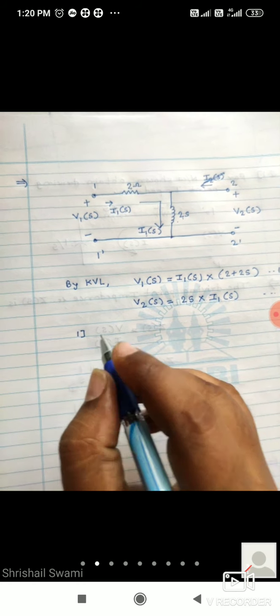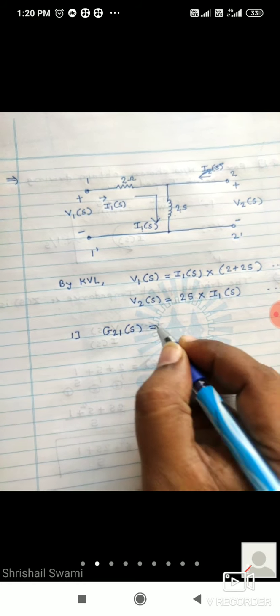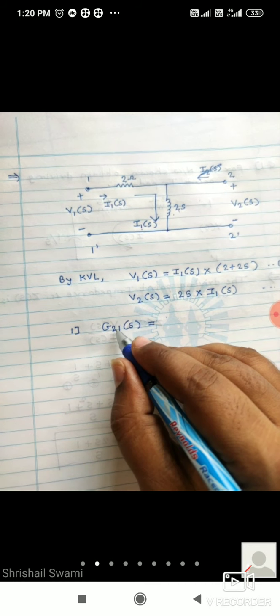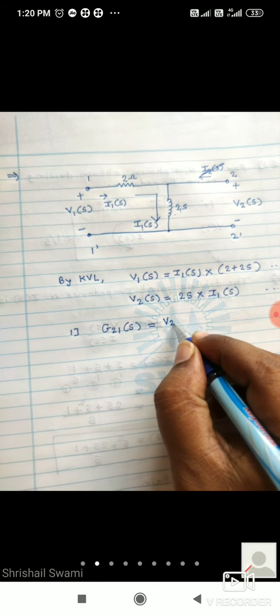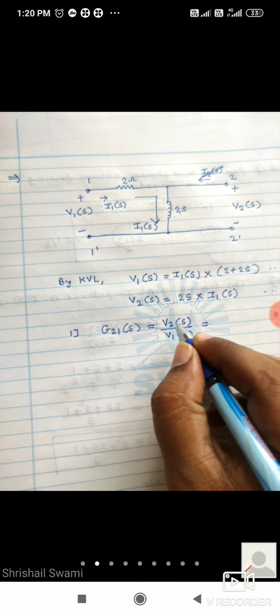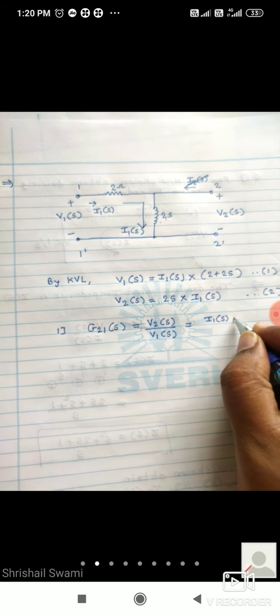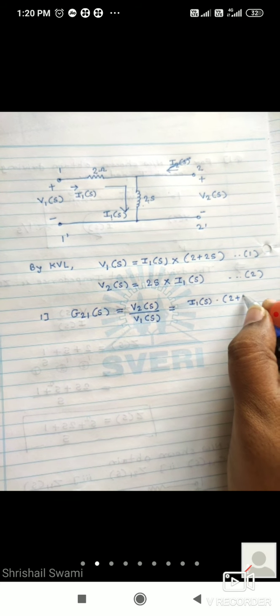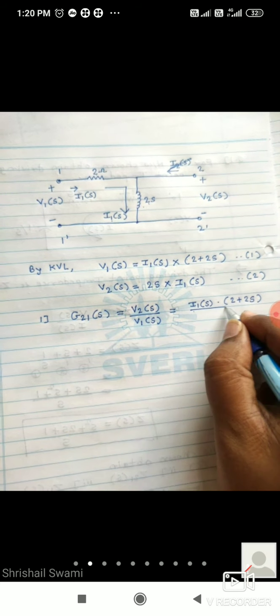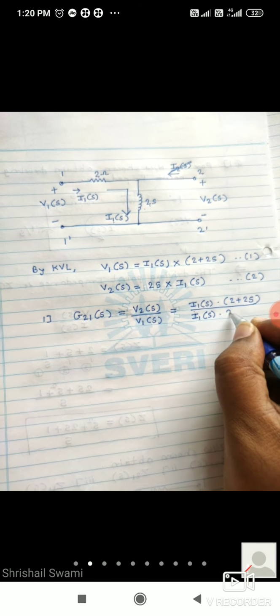So the first one is G21 of S is equal to, G means voltage transfer ratio. So V2 of S divided by V1 of S. V2 of S means I1 of S into 2S divided by I1 of S into 2 plus 2S.